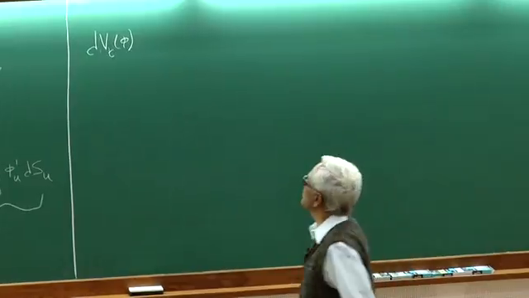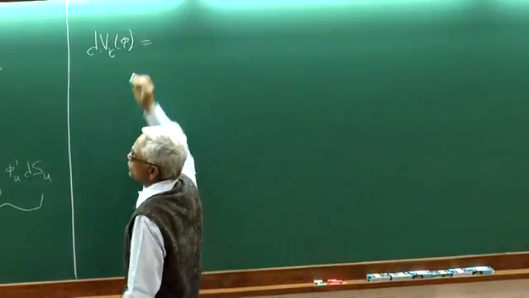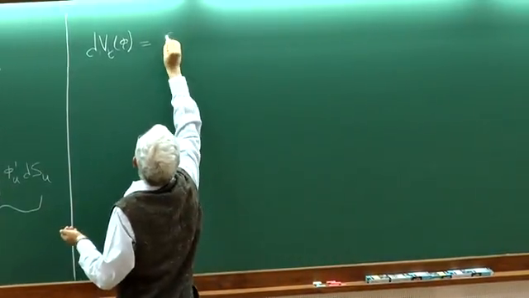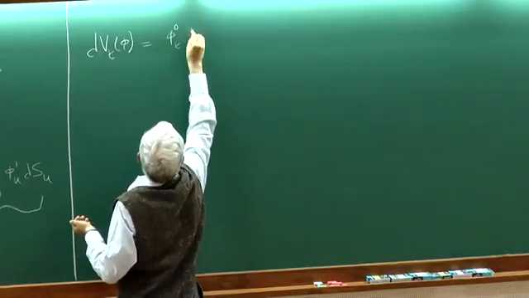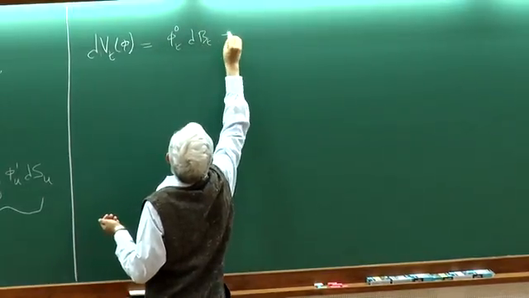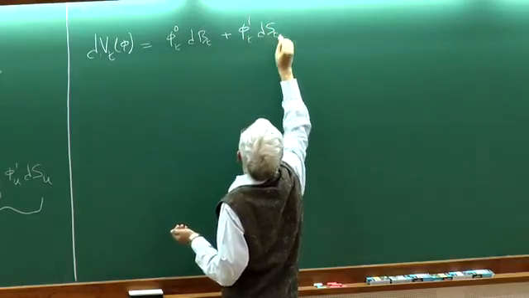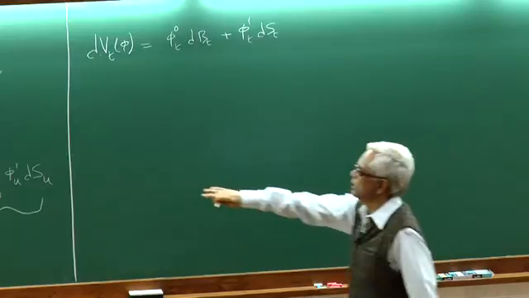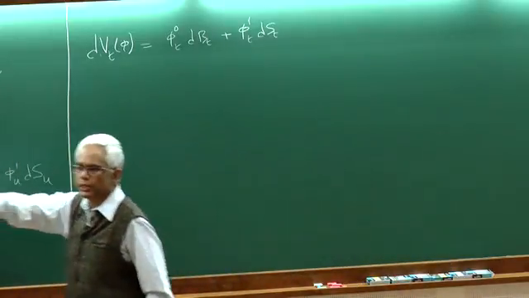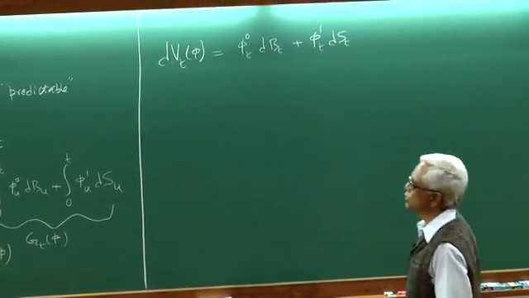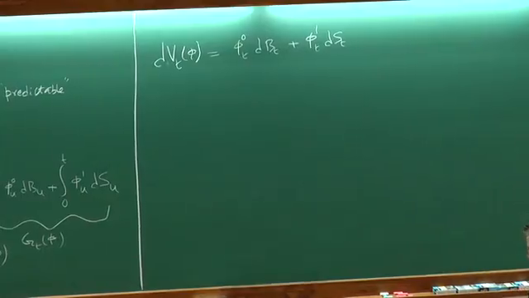So this is going to be equal to phi 0 of t dB t plus phi 1 of t dS t. Differentiate and use the fundamental theorem of calculus.